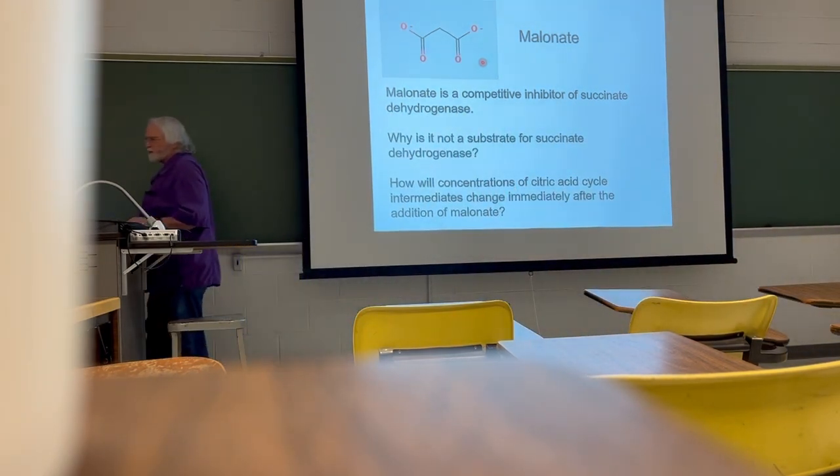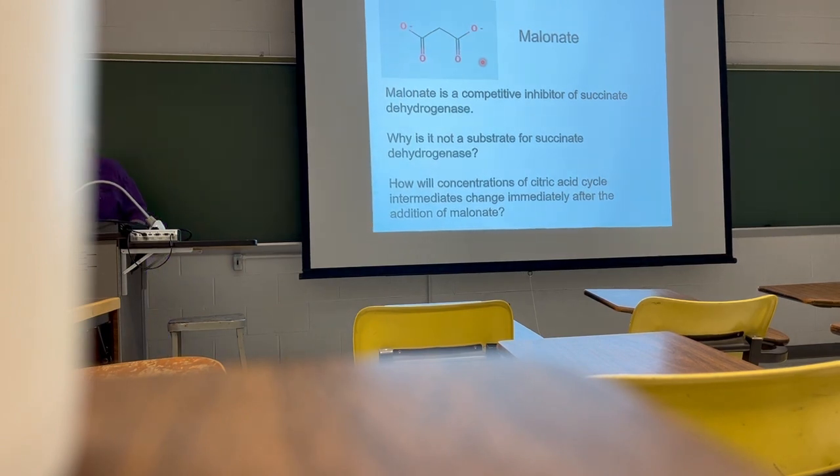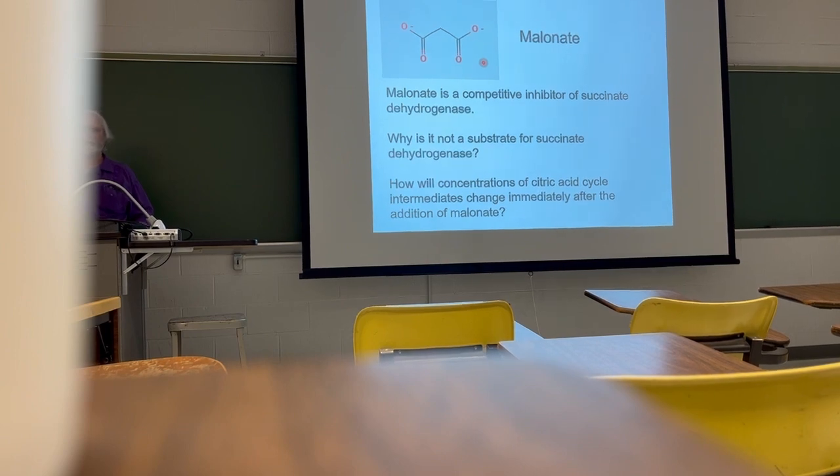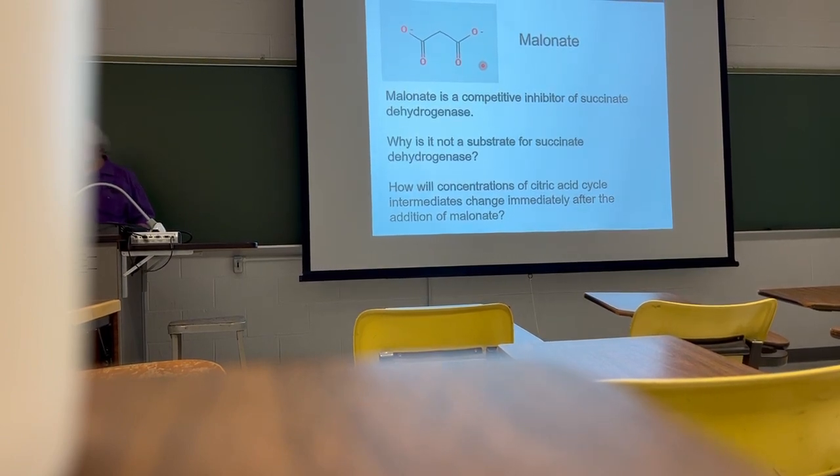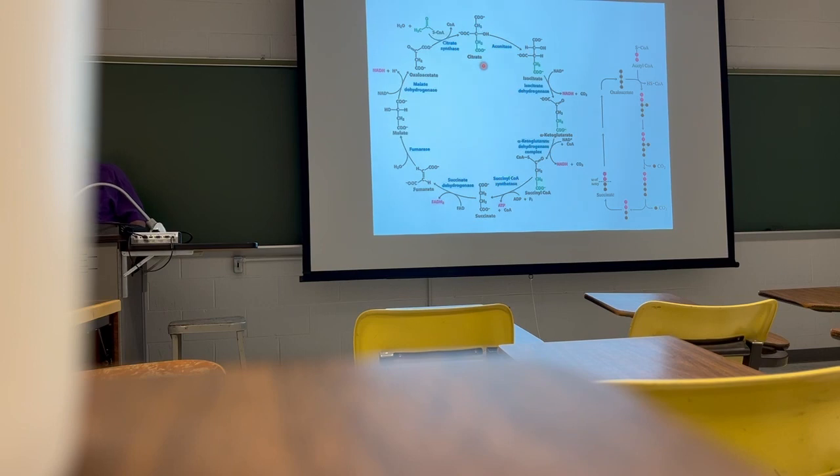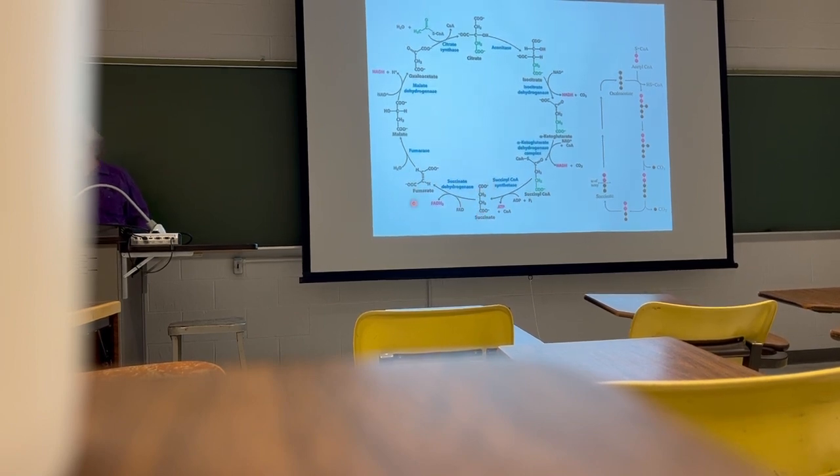Okay, why is malonate not a substrate of succinate dehydrogenase, but instead an inhibitor? Here's this reaction, succinate dehydrogenase. So malonate inhibits this step, transferring electrons from succinate to FAD.